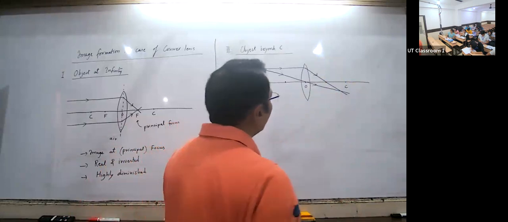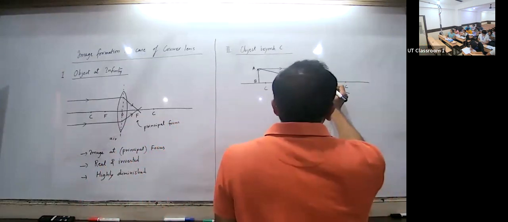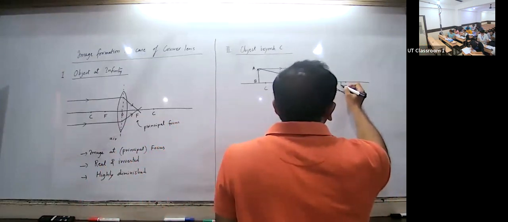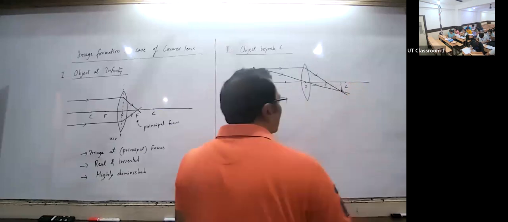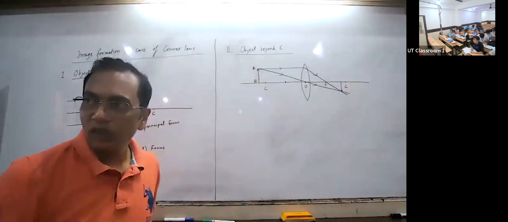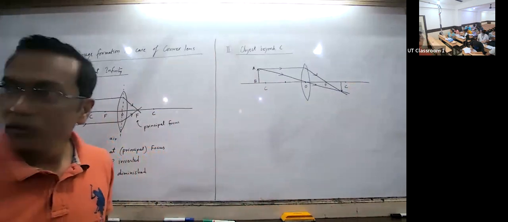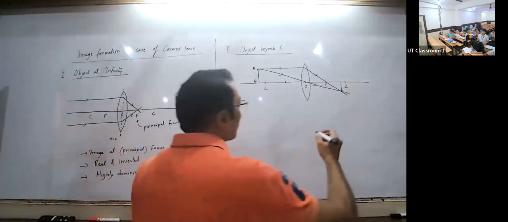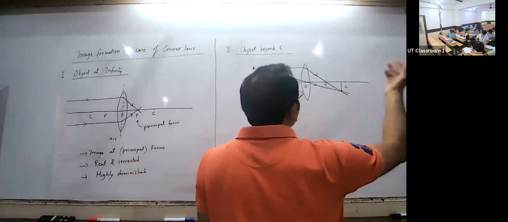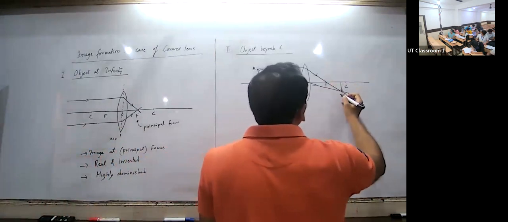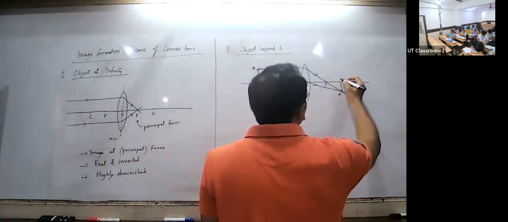So where is the image formed? Between F and C. Is it different than it formed in case of concave mirror? No, it's the same position and nature. Only thing is it is now behind the lens, right? This is A dash.